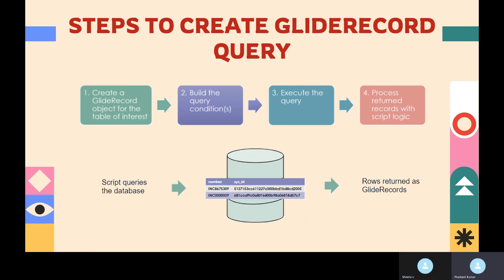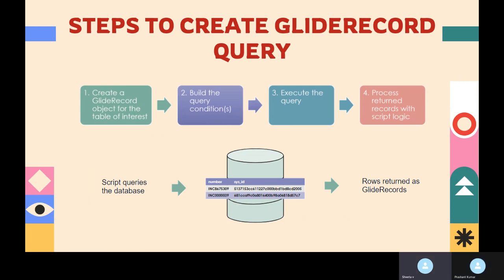The second step is building the query condition. Suppose you have a GlideRecord on the incident table and you are adding a condition: I want only those incidents which have priority P1.